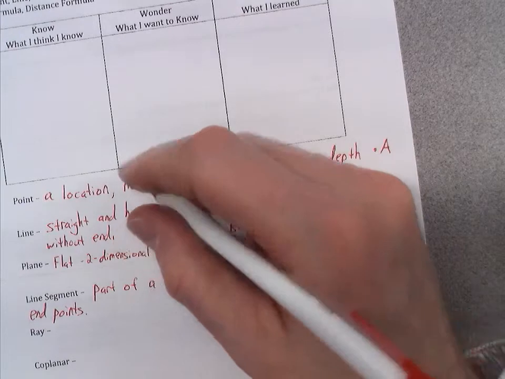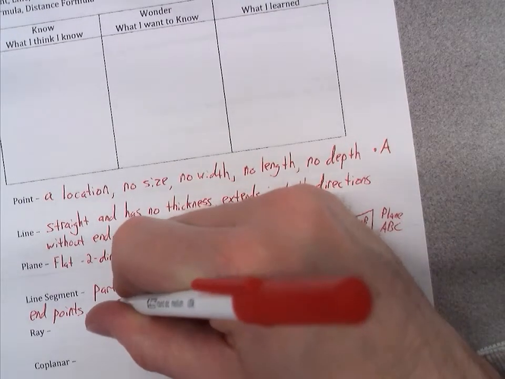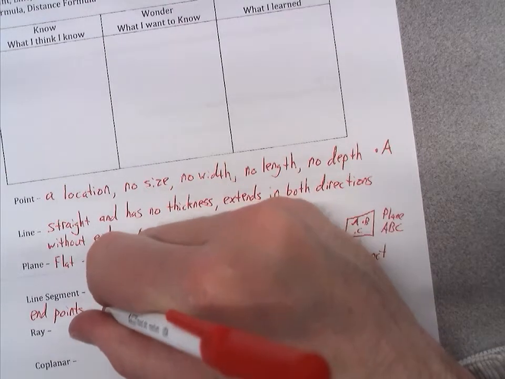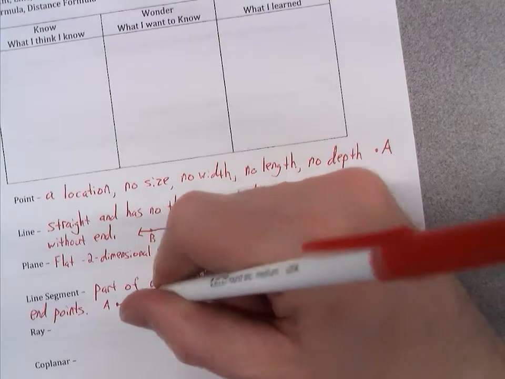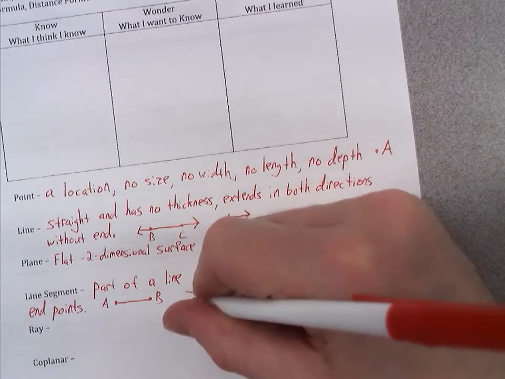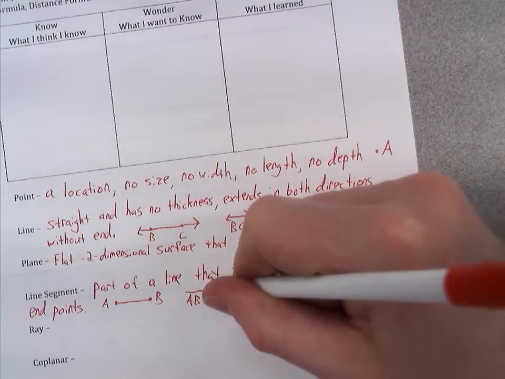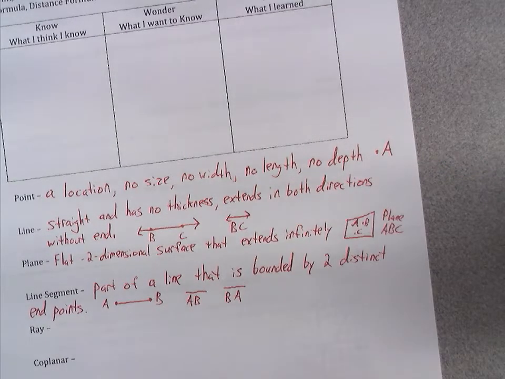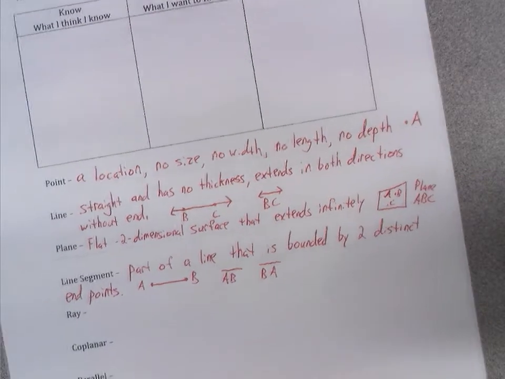Okay, for example, we made a line here, A and B. We could call that line segment AB or line segment BA, depending on what direction we decide to be coming from. Okay?